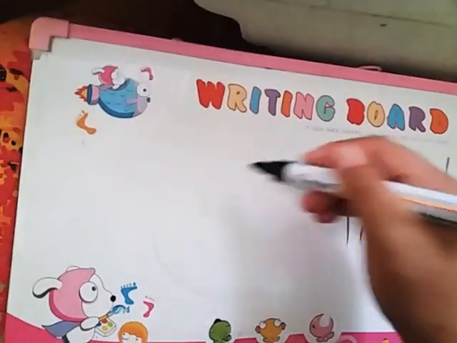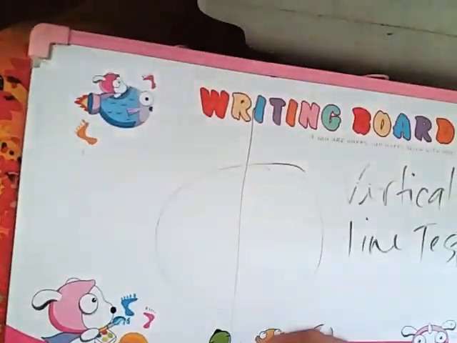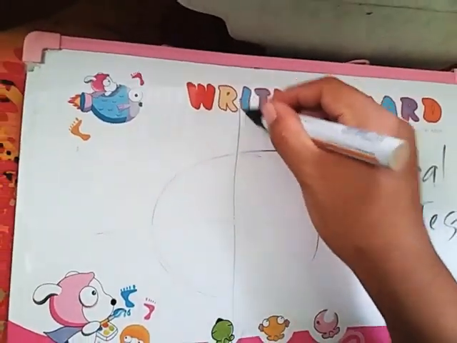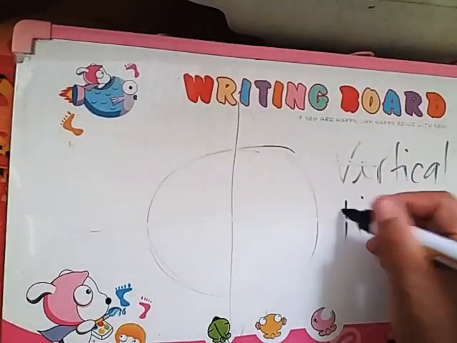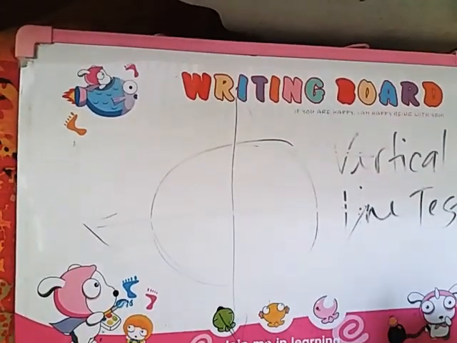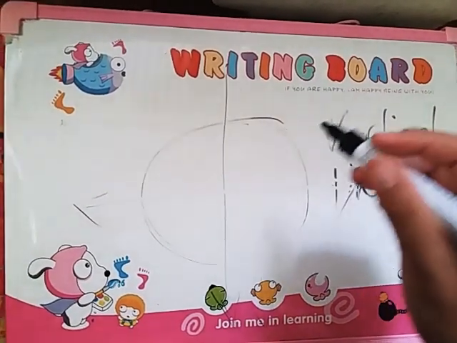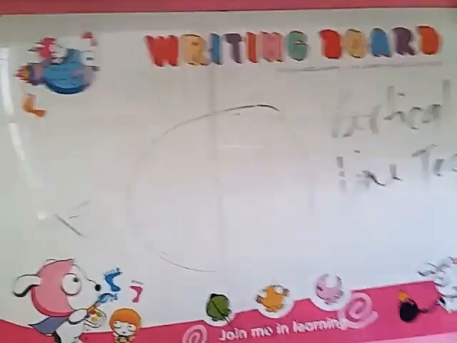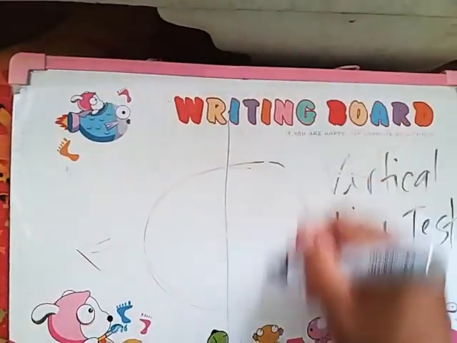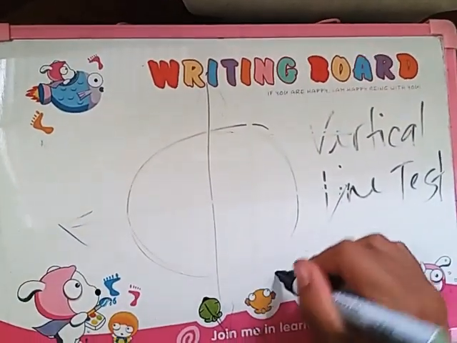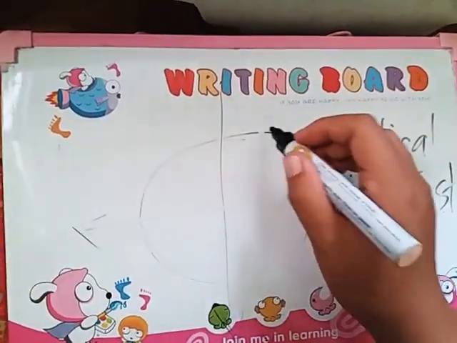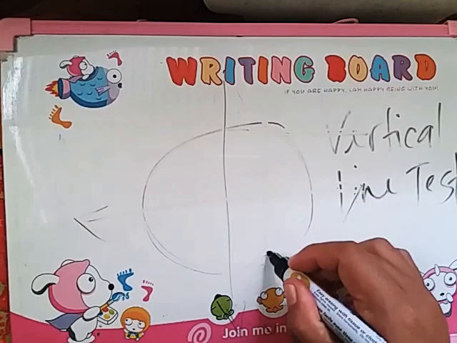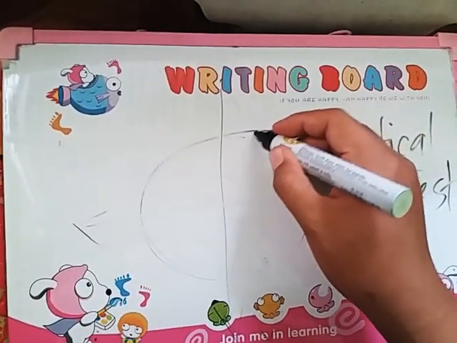For example, ito, pabilog. Ito yung Cartesian plane. Wala na akong marker. So, that is your Cartesian plane. And if you are going to draw a vertical line, wala na talaga. As you can see, dalawang point din yung ma-intersect niya.